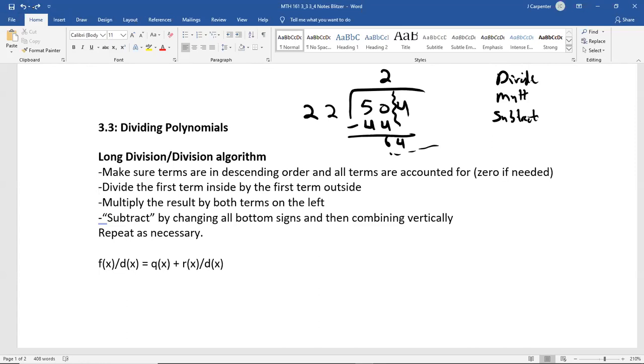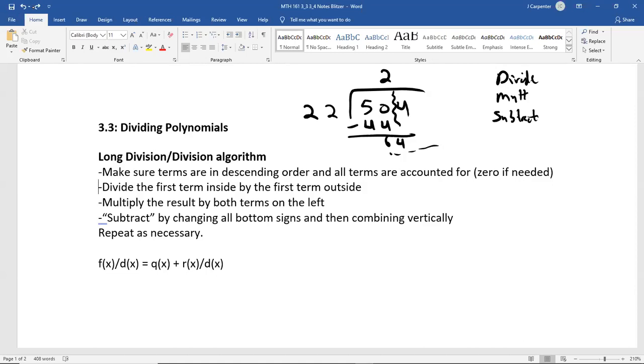So I need to be a little more specific with my words. First of all, pretty much like any polynomial, you need these in descending order, or it's going to make a lot of things impossible. You also have to make sure all terms are accounted for. So you may have a 0x squared or a 0x cubed or a 0x or even a 0 somewhere. Think about this.